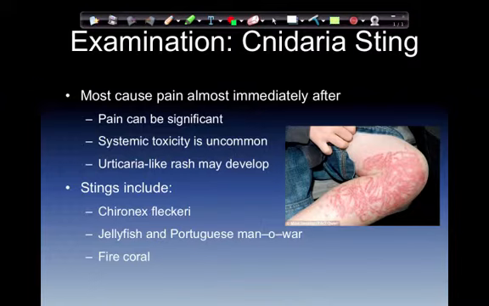Examination of a Cnidaria sting or jellyfish most commonly causes pain almost immediately after contact. Pain can be significant. Systemic toxicity is uncommon. We get an urticaria-like rash that may develop, and that's what we're seeing over here.